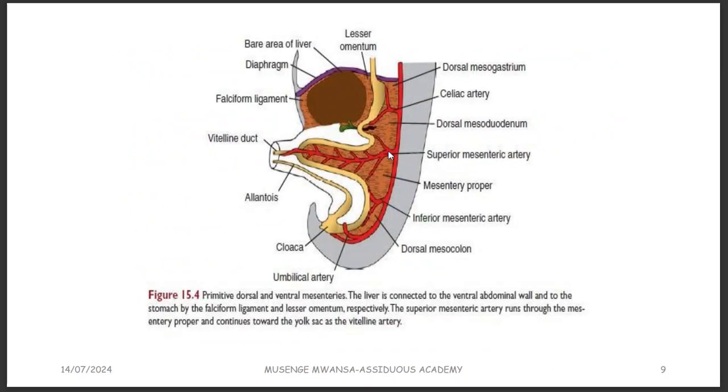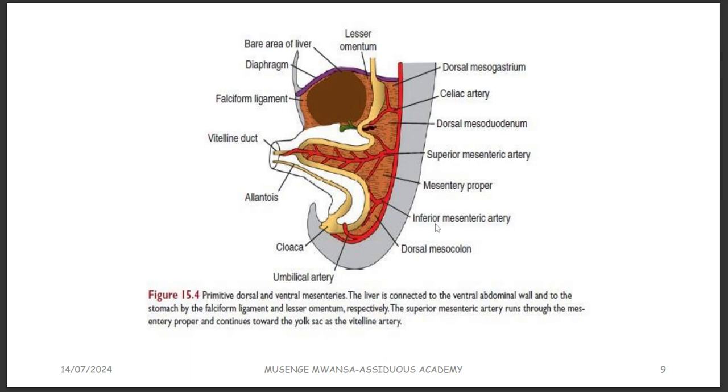Okay, and can you see that each one of these regions is going to be supplied by specific artery? So as the foregut is developing, with the celiac trunk. In here is called the celiac artery. As the midgut is developing, it is developing with the superior mesenteric artery, and then the hind gut is developing the inferior mesenteric artery.